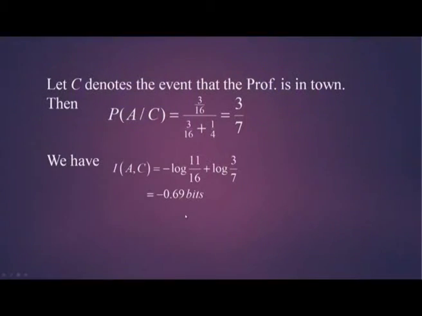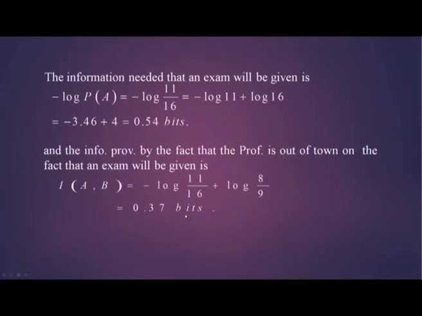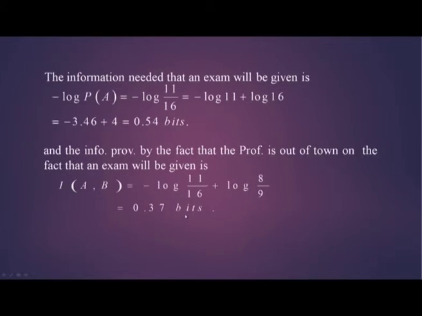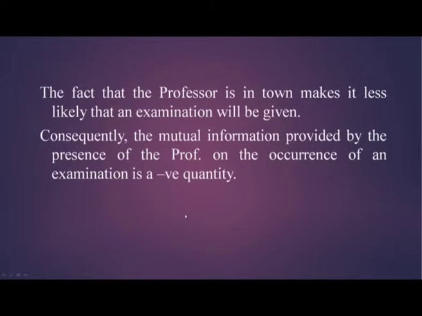So, if we see, probability of A given C, this is 3 by 7, but probability of A given B, it is 8 by 9. So, from this we can conclude that the professor being in town makes it less likely that an examination will be given.